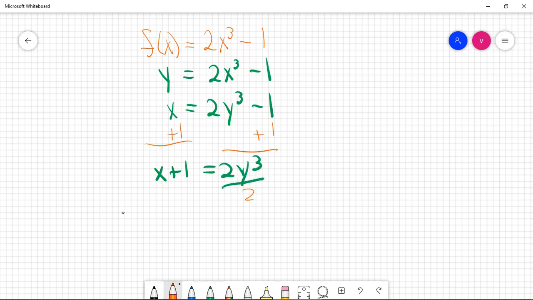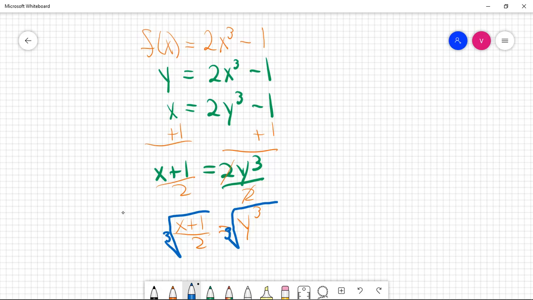Divide by 2 on both sides. Okay, so it's (x plus 1) divided by 2 equals y cubed. Guess what? How do you get rid of that y cubed there? You take the cube root of both sides.